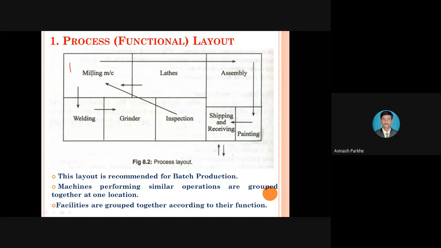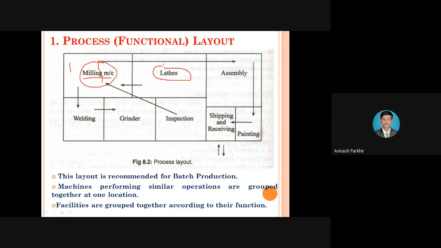This is the one location where all the milling machines are located. So in this compartment, only milling machines are available. All types of milling machines are available. Whatever milling operations we have to perform, all will be performed in this compartment only.